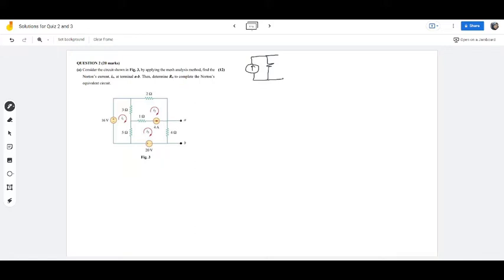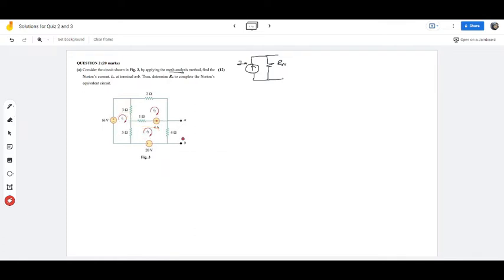The idea is for you to complete the equivalent circuit, but this is a guided question, so it already instructs you to use mesh analysis. And for this question, I have labeled the currents, so hopefully it will be much easier for everyone to use.